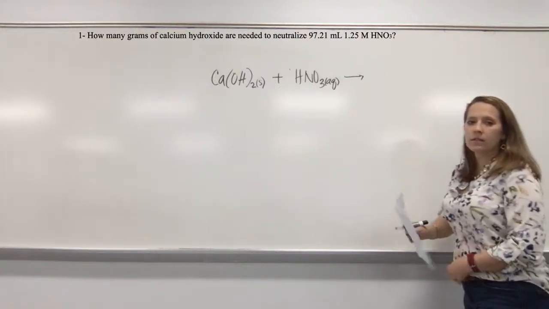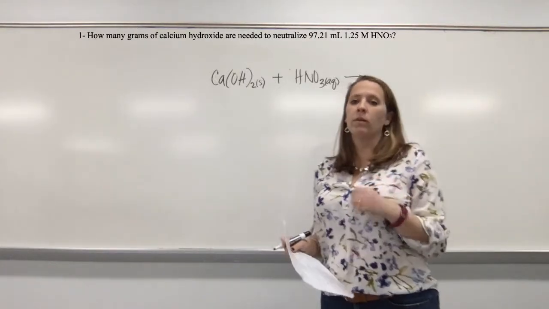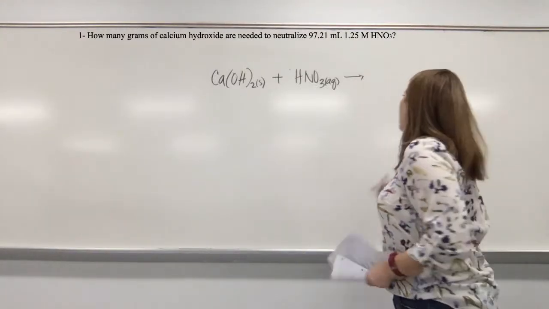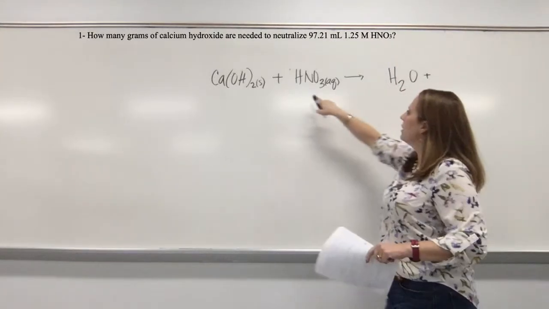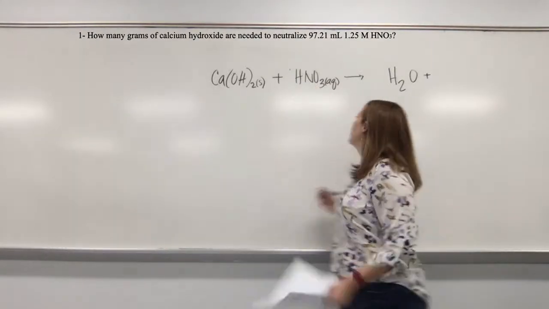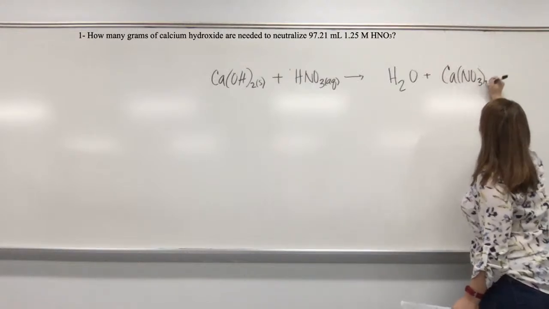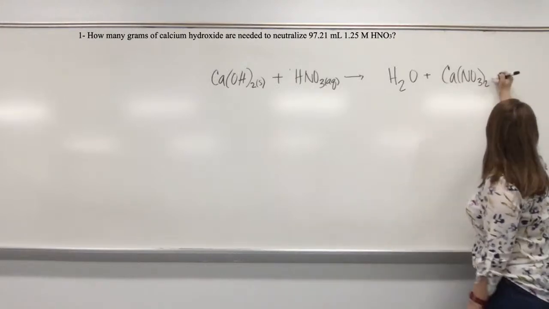Because this is an acid-base neutralization, our products are going to be 2 things, a salt and water. So we have H2O, plus in this case our anion is nitrate and the cation is calcium, so we get calcium nitrate. All nitrates are soluble under every condition known to man.